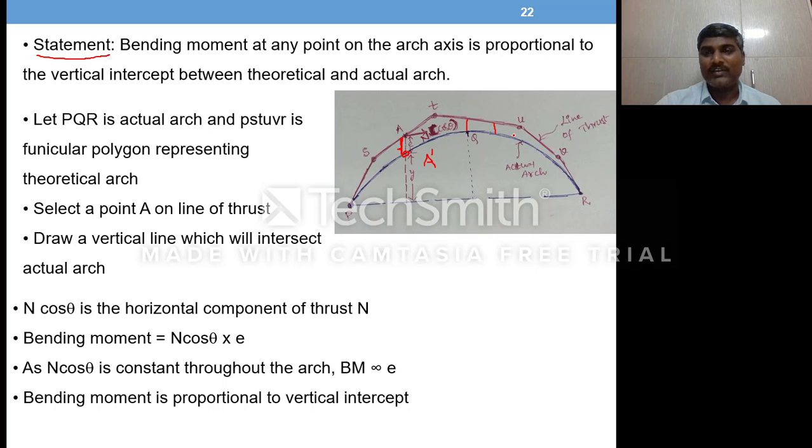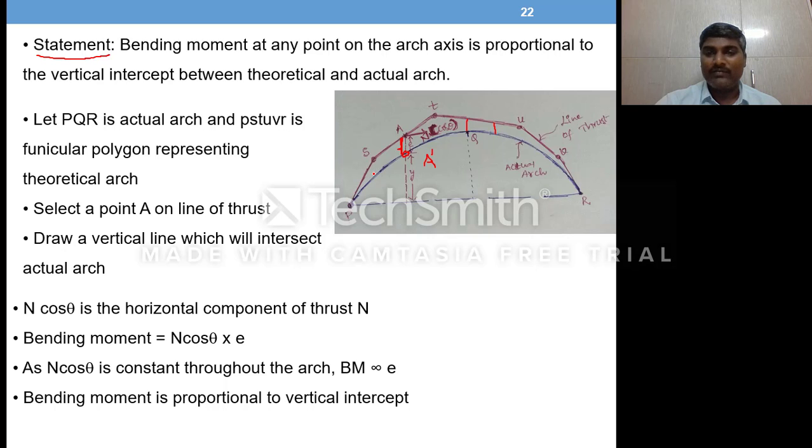Similarly, at this point, this is the value. So you can clearly identify how the bending moment in the actual arch varies. You can see bending moment is 0, then it goes on increasing, then reduces. Likewise, you can have a clear picture of bending moment values qualitatively, not the quantitative value.